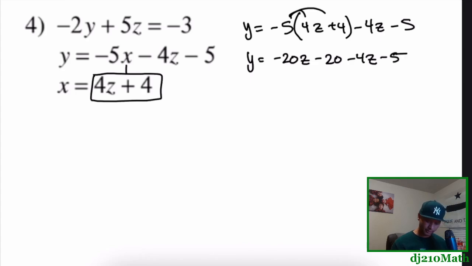Combining on the right, the z's, so y is equal to negative 24z. Negative 20 and negative 5 combine to make negative 25.